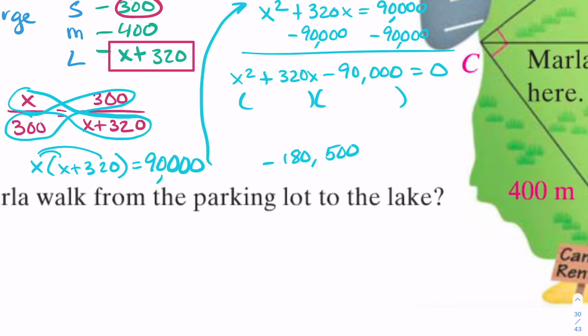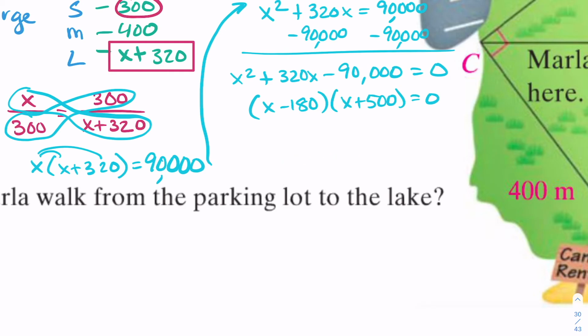I'm liking this. So I'm going to say that this is going to factor into, I don't like that, let's go back to that original color. So we'll do x minus 180 times x plus 500 equals 0.